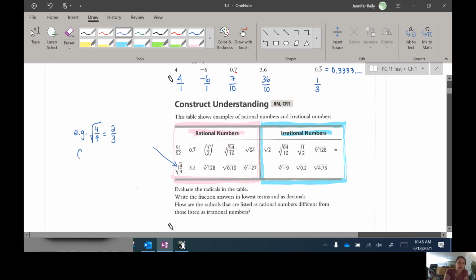So rational numbers can be written as fractions, and irrational numbers cannot be written as fractions.